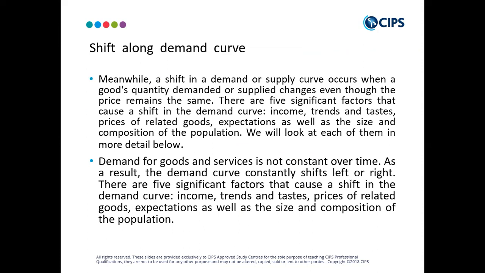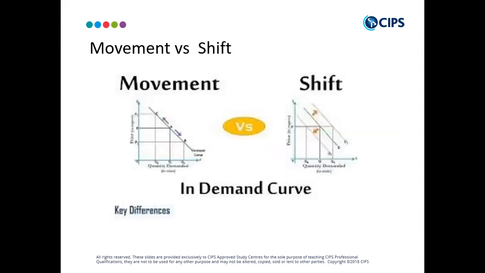Now, we're talking about movement, but a shift in the demand or supply curve occurs when a good's quantity demanded or supplied changes, even though the price remains the same. So with a shift, if you observe on the right, there is more demand.